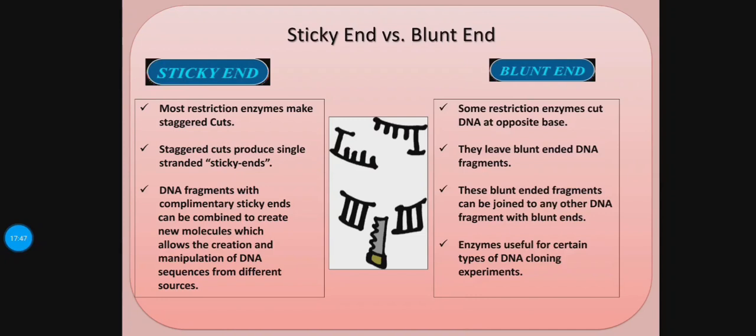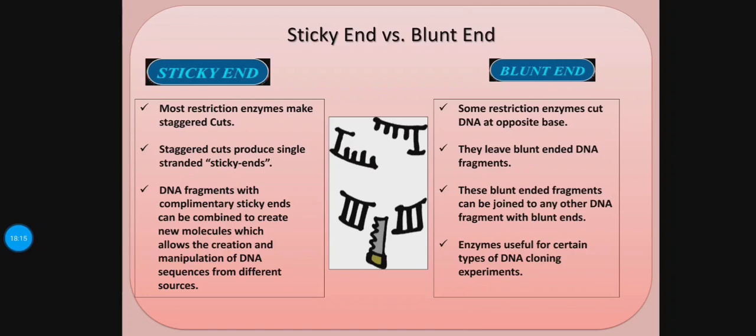So most of the restriction enzymes make a staggered cut in the DNA, and this produces a single stranded overhanging region, and that is referred to as a sticky end. And DNA fragments with complementary sticky ends can be combined to create a new molecule, which allows the creation and manipulation of DNA sequences from different sources.